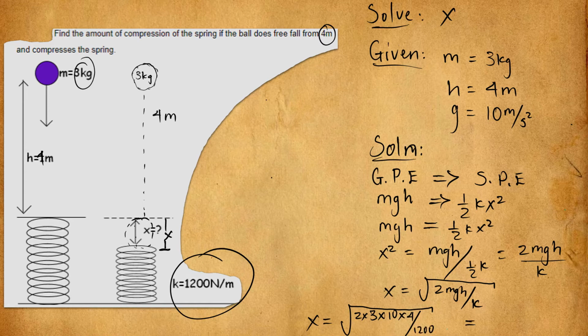If you use a calculator, you will get about 0.45 meter. So this is how much the spring got compressed. So x, therefore, is equal to 0.45 meter. Thank you for watching.